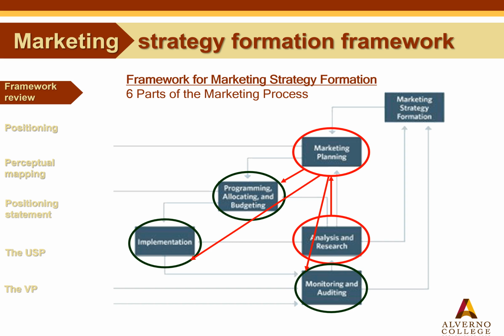Okay, so this is the framework for marketing strategy formation that we've been working within, the 6 parts of the marketing process. We were primarily within this part from the beginning: the industry analysis and competitive research, the Porter's 5 forces analysis, and the customer demographic and psychographic analysis as part of the 5 C's.